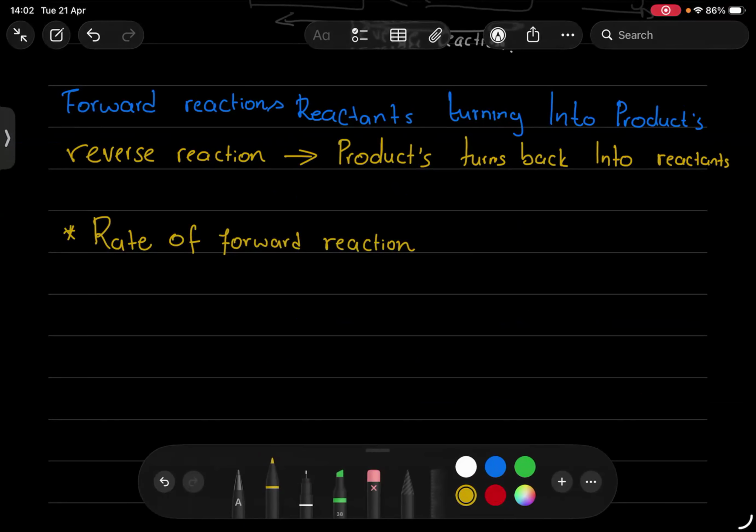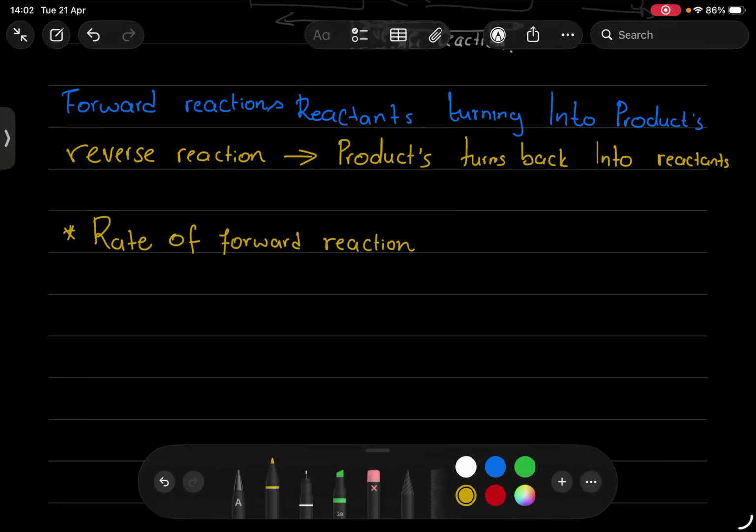The time it takes for the reactants to turn into products, right? The rate of forward reaction being equal to the rate of the reverse reaction.